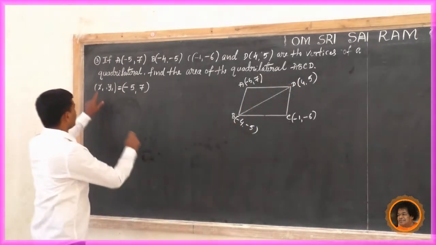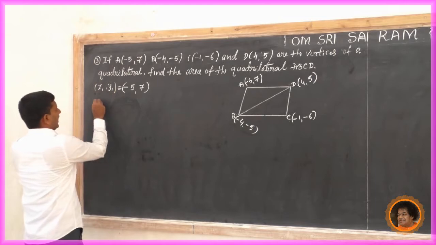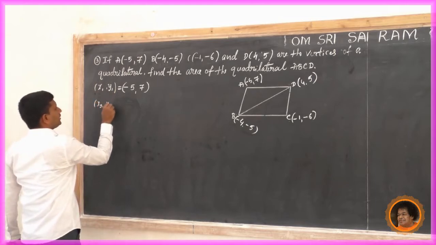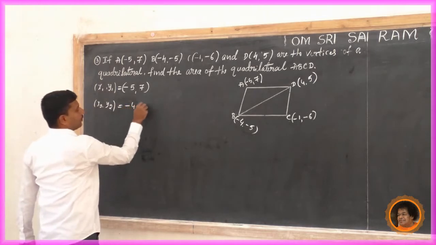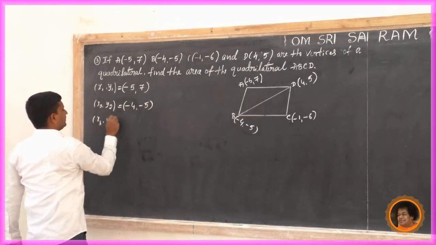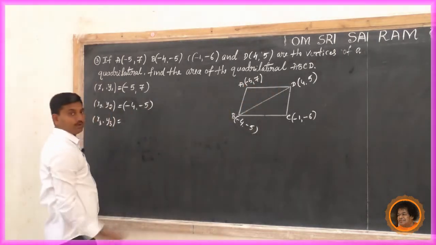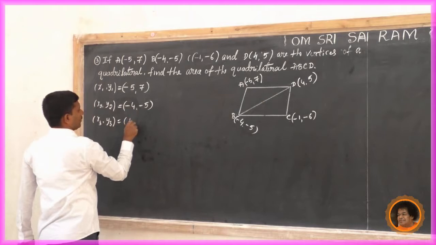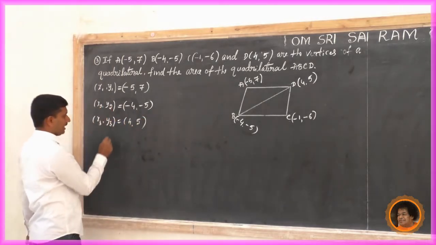So the coordinates of the point A, X1, Y1, and X2, Y2, that is the coordinates of the point B, minus 4, minus 5, and X3, Y3, that is the coordinates of the point D, 4, 5.